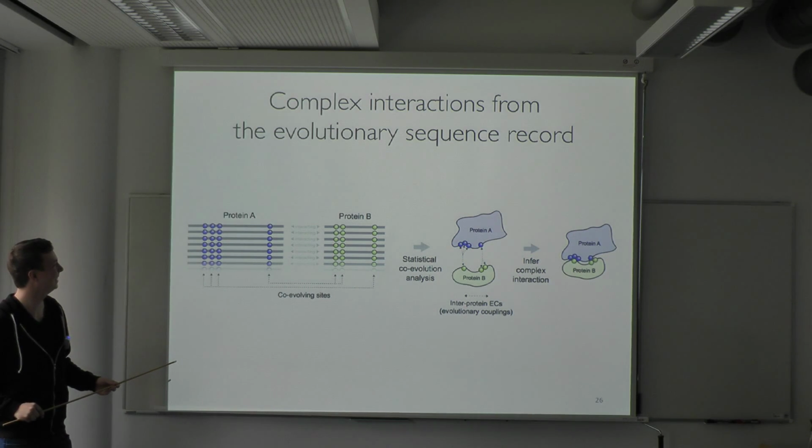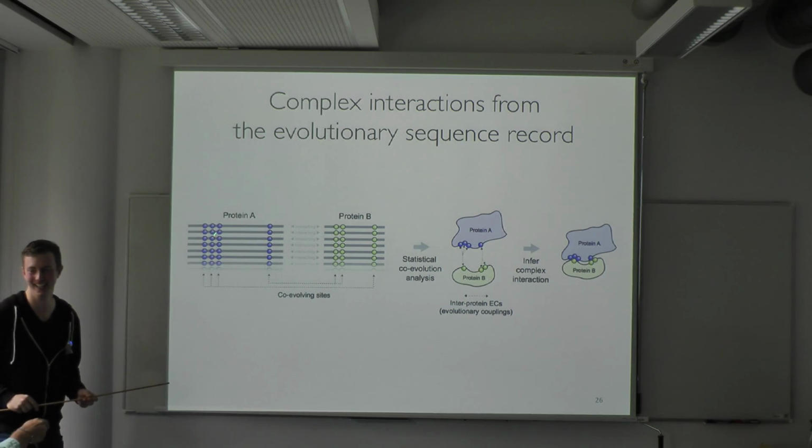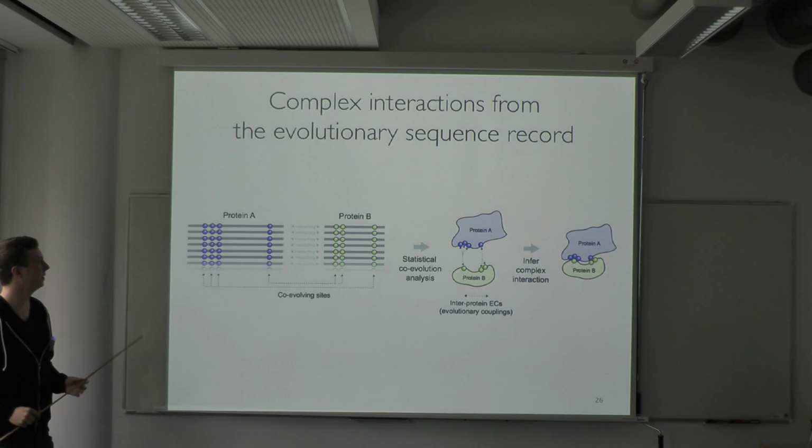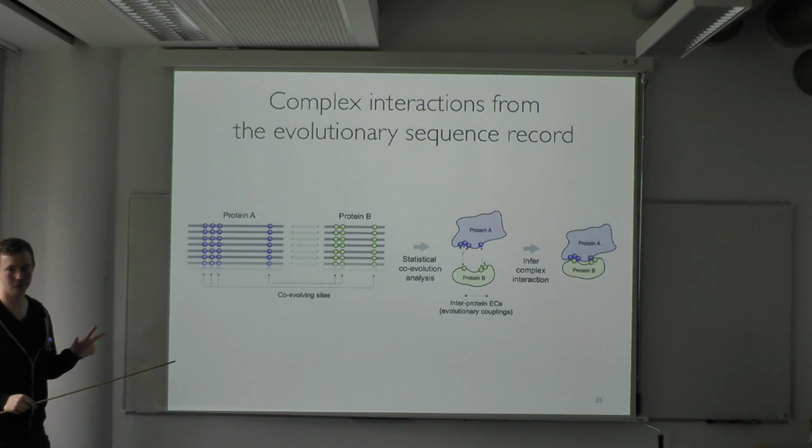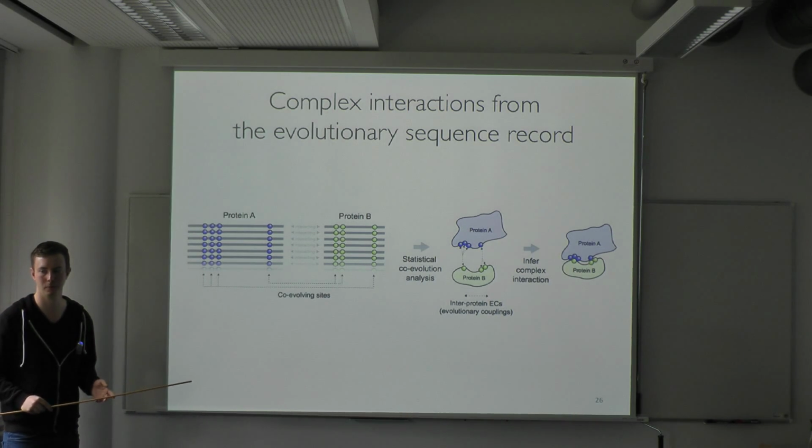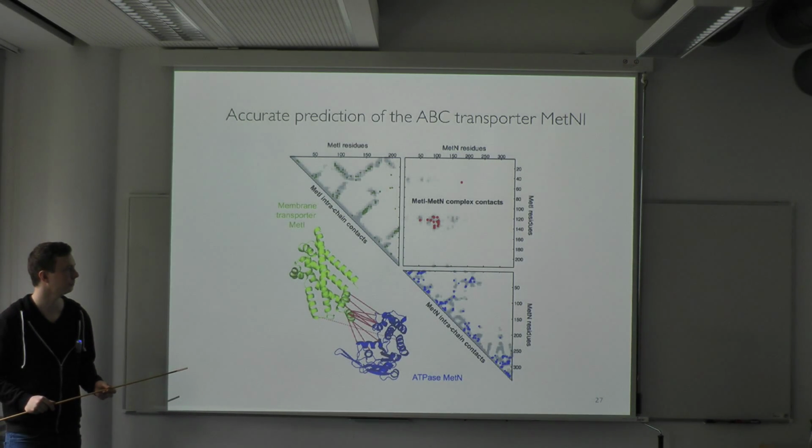So that's what you figure out 2 years after making the figure. You do it on both. Yeah. So it's still just pairs that we're looking at. But as a side note, you could use triplets, for instance. But by doing that, you have many more parameters in your statistical model. And we have many sequences, but we don't have that many sequences that we don't run into bad overfitting problems if we use triplets.